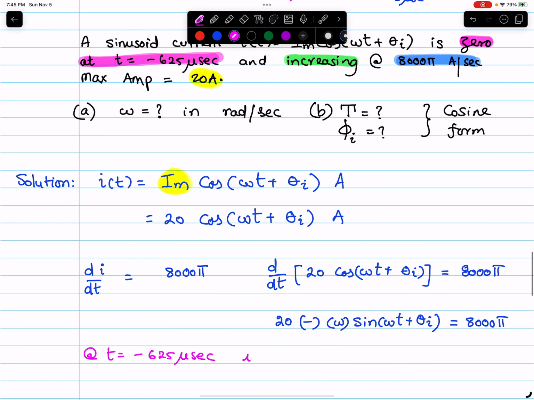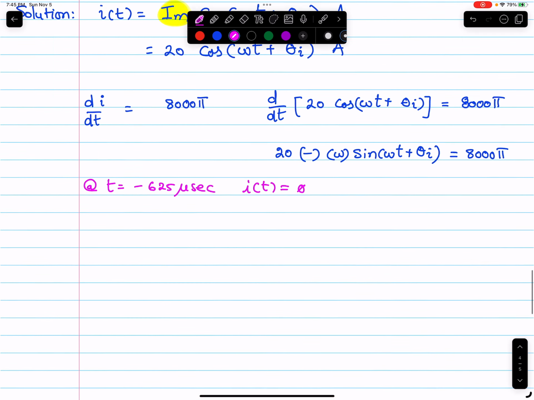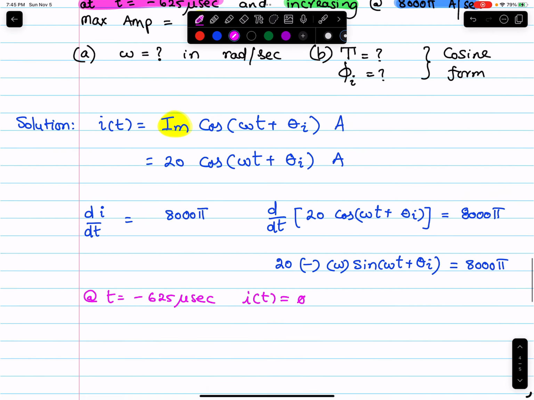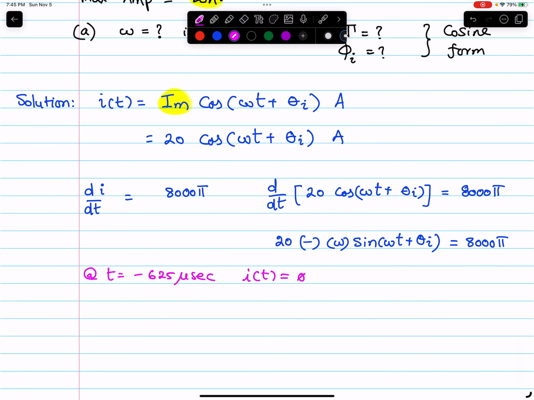So what we should really understand is that Im cosine(omega t plus theta i), when t equals negative 625 microseconds, all of that equals 0.